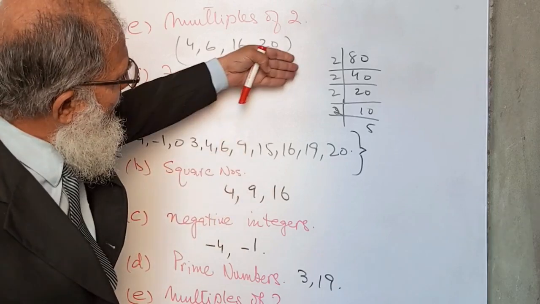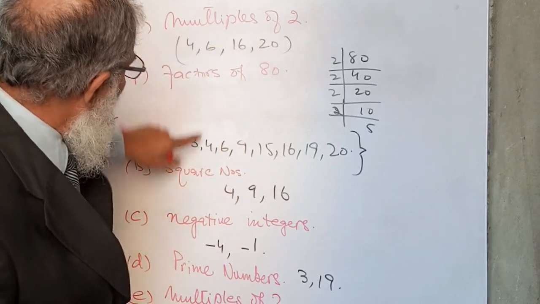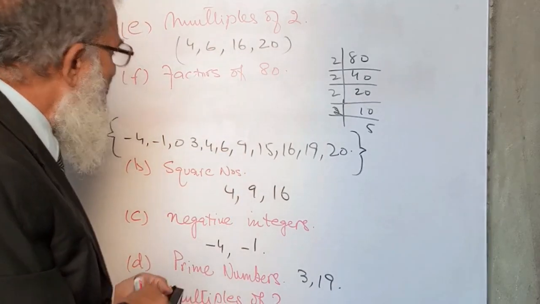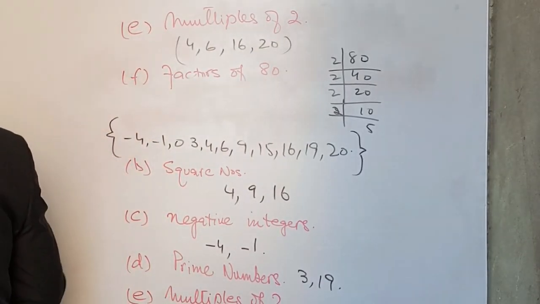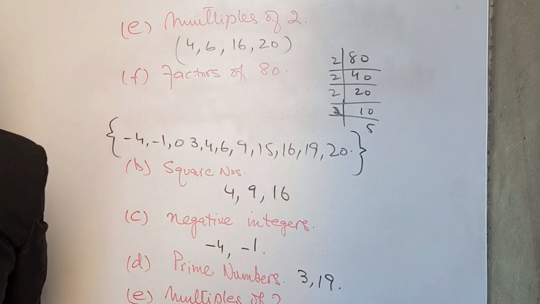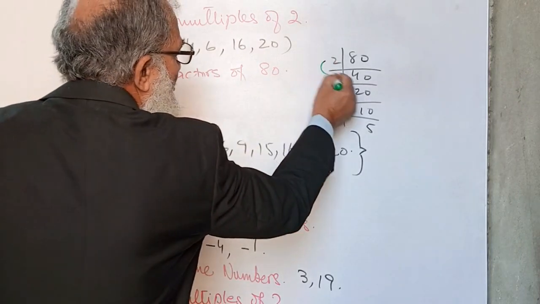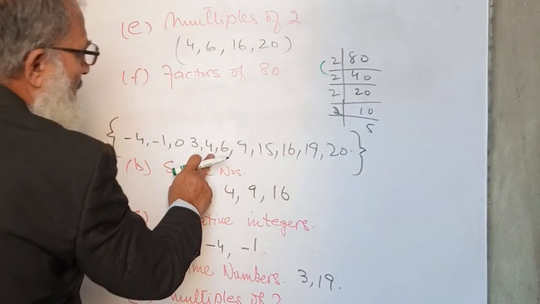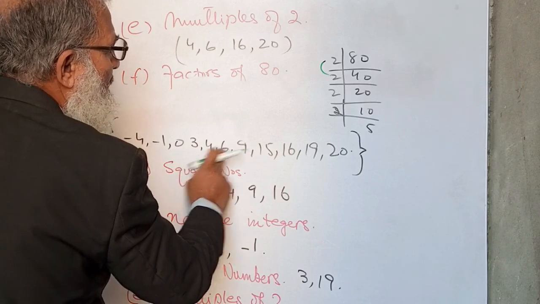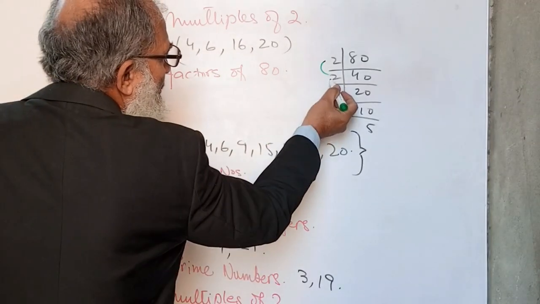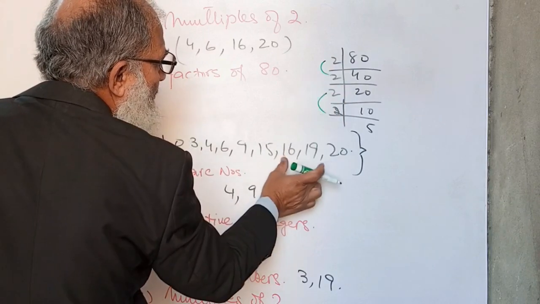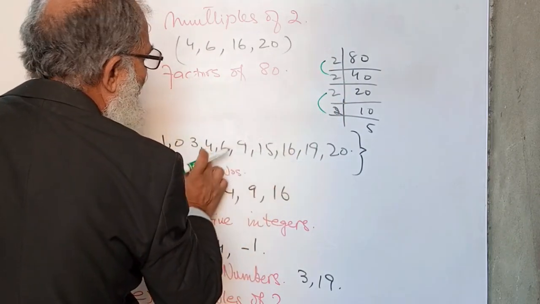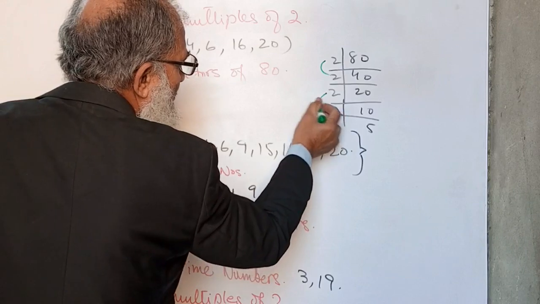Now you see that we do have 4 over here. We have 4 over here, okay, we have 16 over here, and we have 20 over here.